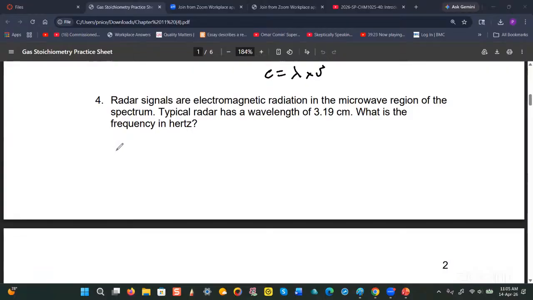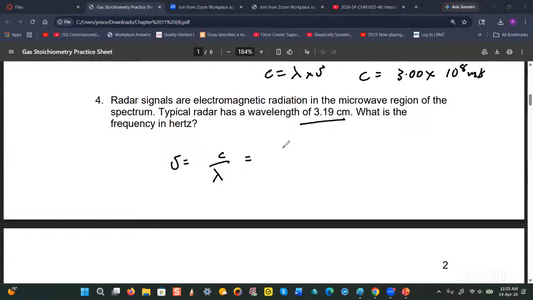So let's see, this question says radar signals are electromagnetic radiation in the microwave region of the spectrum. Typical radar has a wavelength of 3.19 centimeters. What is the frequency? So basically, you have to rearrange this to get nu, which is equal to C over lambda, right? So remember, C is always equal to what? 3.00 times 10 to the 8 meters per second, right?